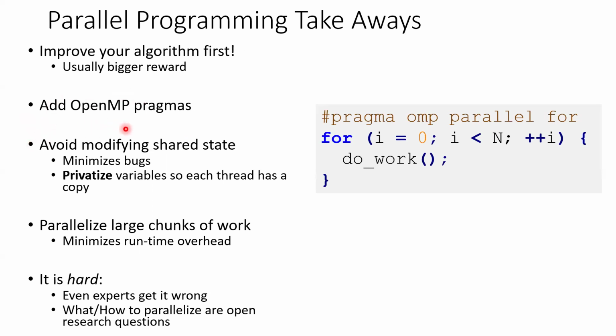Avoid modifying shared state to minimize bugs with shared variables, and privatize variables so each thread has a copy. Parallelize large chunks of work instead of just some small work, because making threads can cause overheads.